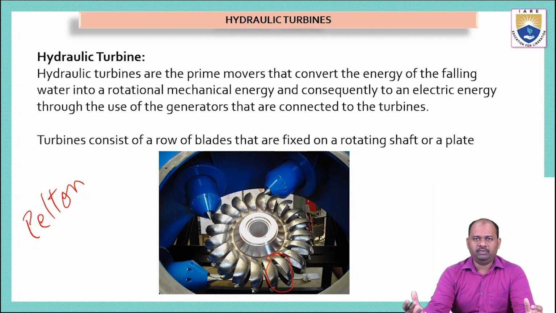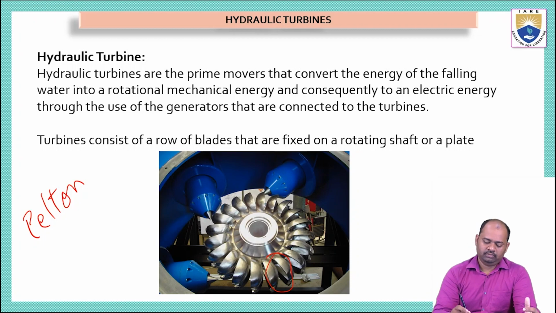Sometimes in our laboratories for academic purposes, we will have small turbines where we can actually see the water flowing on the buckets and we can see the rotation of the turbine. And from there, we can understand how sophisticated a simple machine can be.